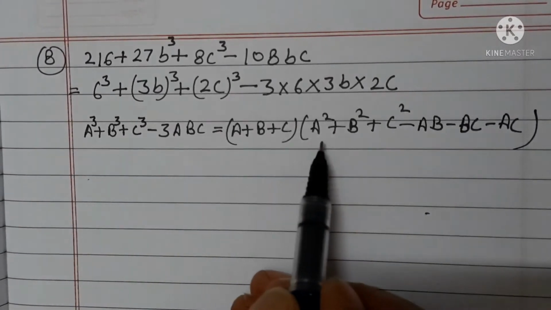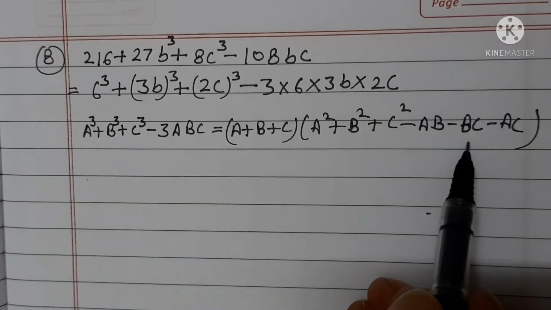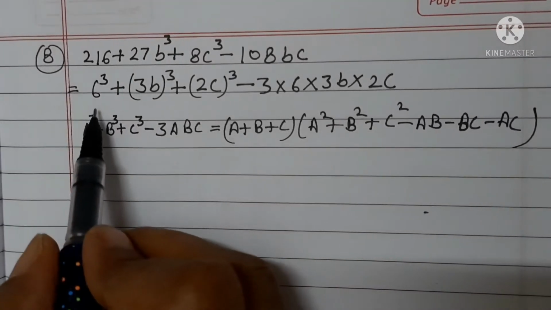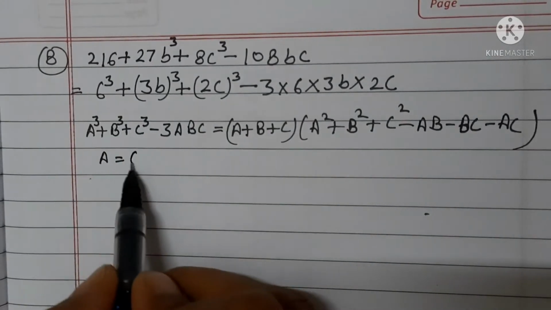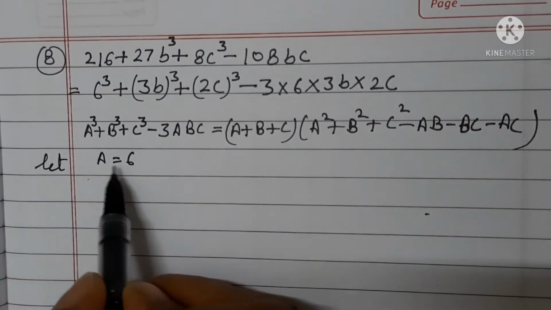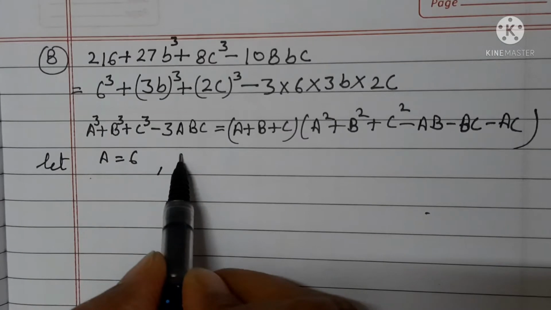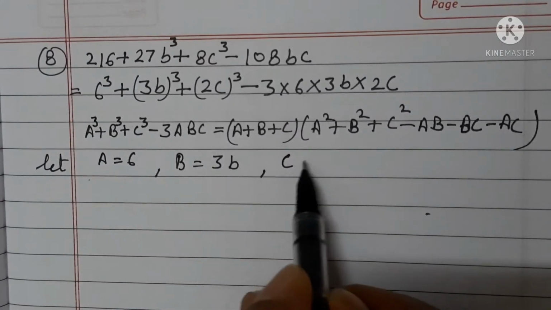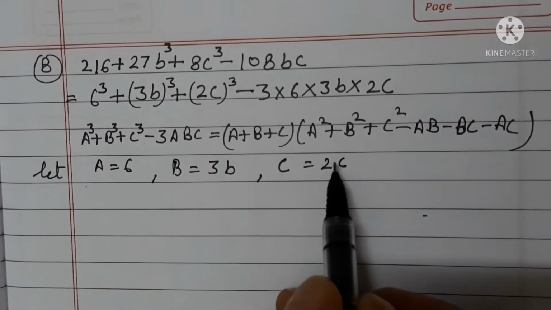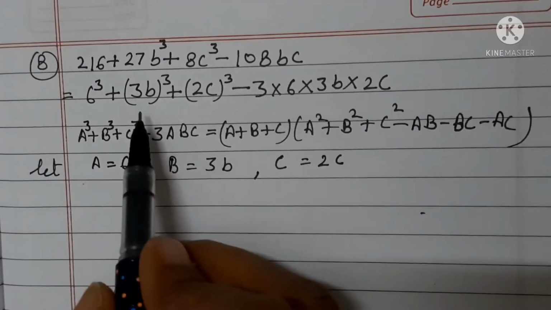Now put the values in the given equation. So here a means 6, let a is equal to 6, b is equal to 3b and c is equal to 2c. These are in small letters.